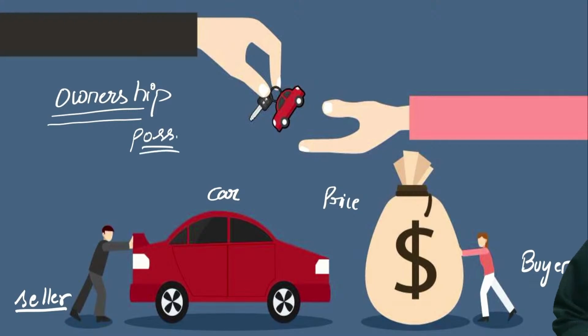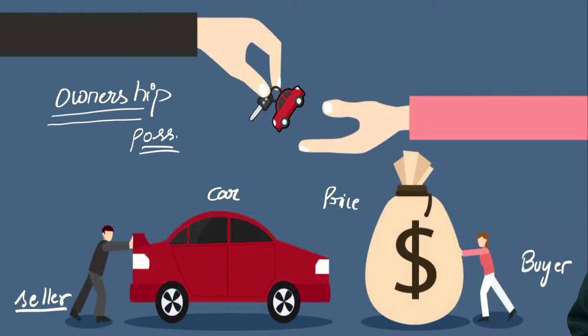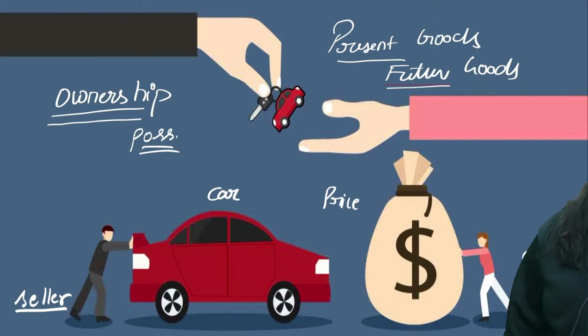The Sales of Goods Act can cover present goods and future goods. This is an important part. So this is all about the Sales of Goods Act.